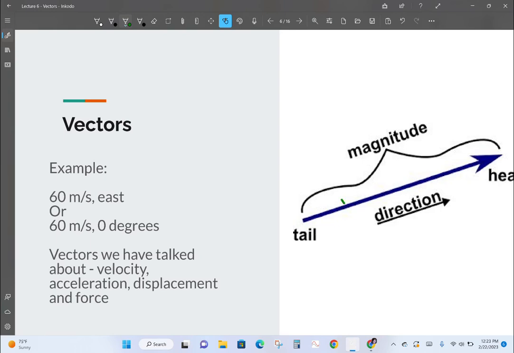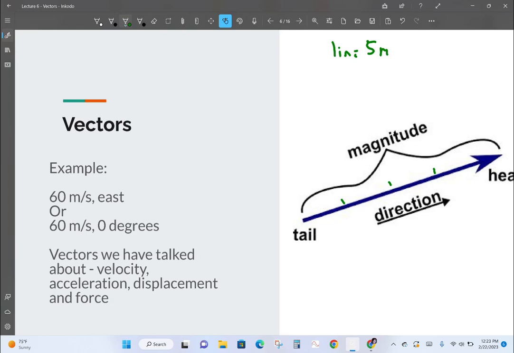So if this is 4 inches, we might say that 1 inch equals 5 meters, so this would represent 20 meters. And the direction is pointing in the direction.